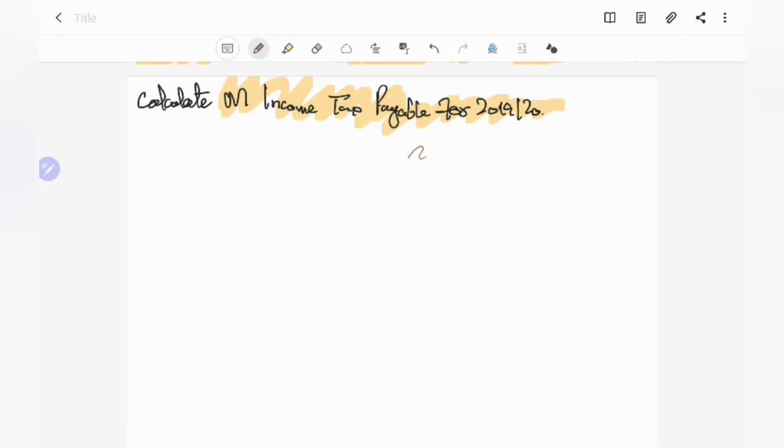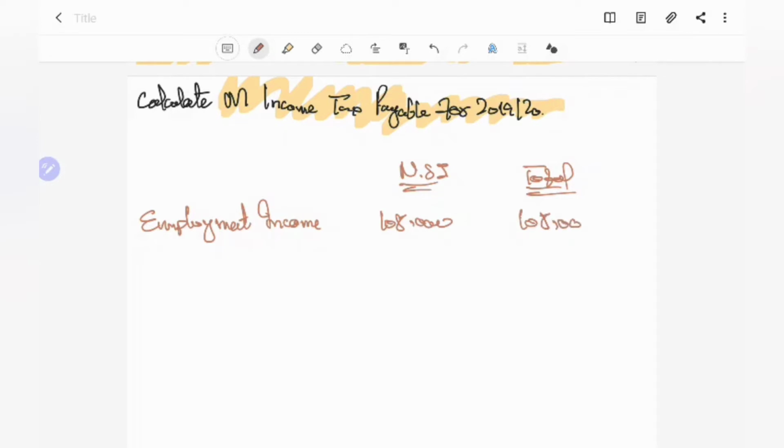How many columns? Non-saving income and total column, right? So employment income £108,000, and then £108,000.